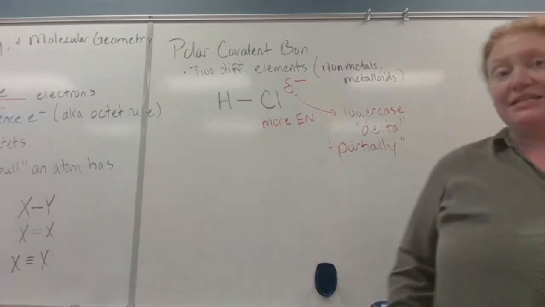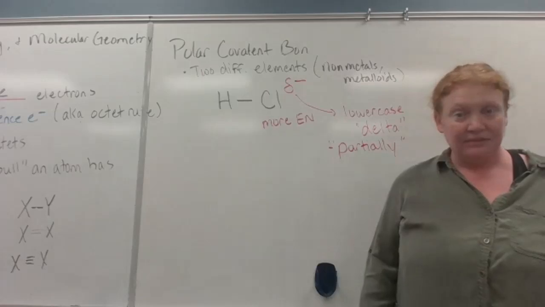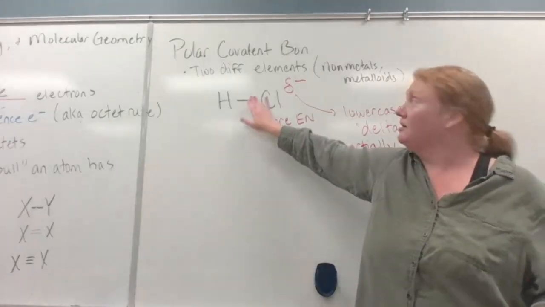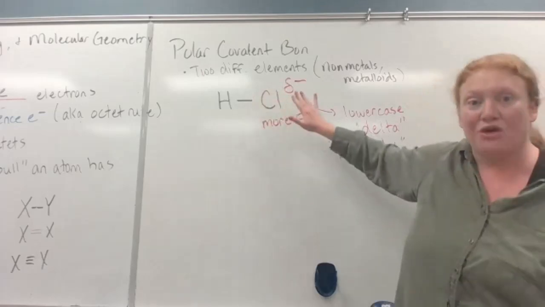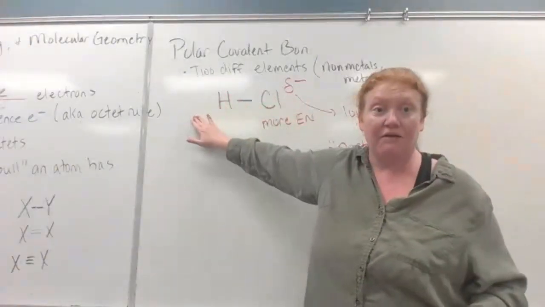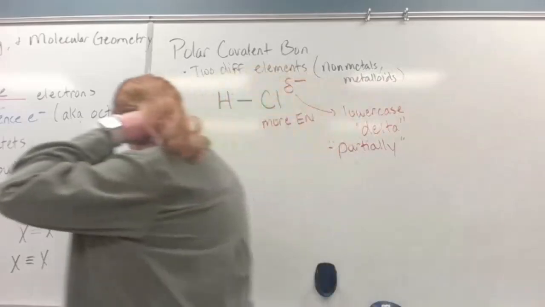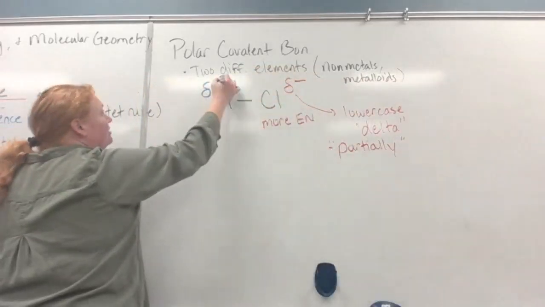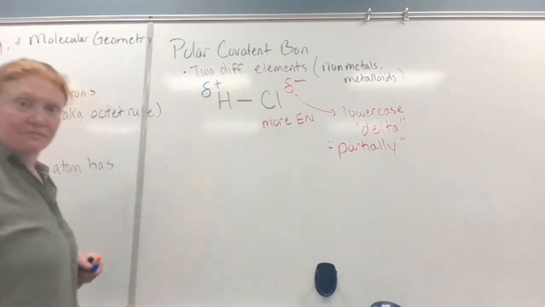It's not full on negative. It is not an anion. This is still sharing, so it's covalent, but this side is a little more negative than this side of the bond. And so the other side, we might draw that same delta, but with a positive sign.